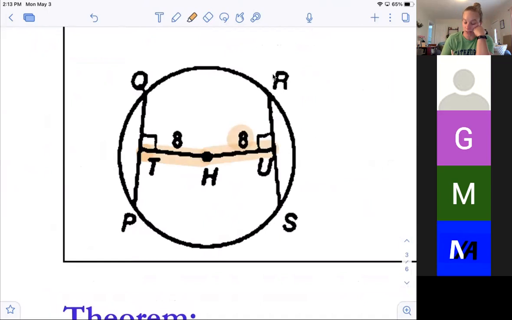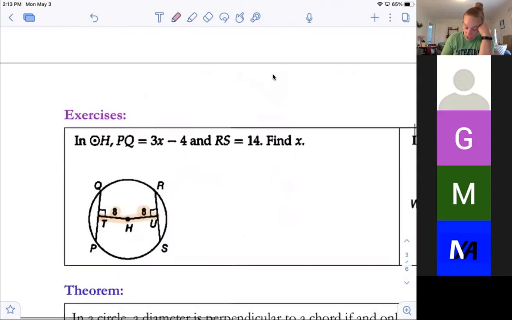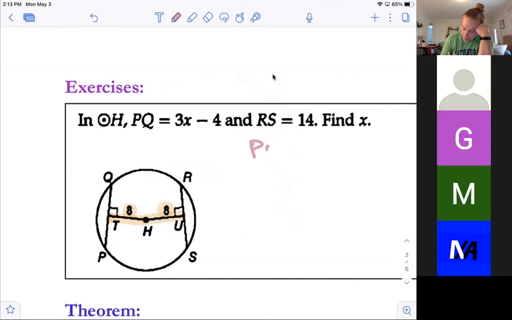They're both 8. Those distances are the same, that is the distance from the center to the chord on both sides. So that means PQ is equal to RS. Those lengths are going to be the same.